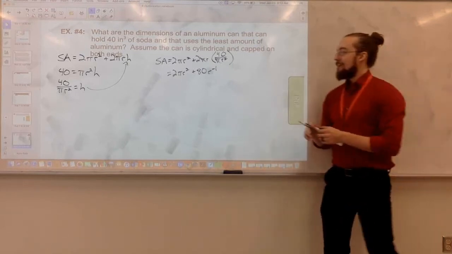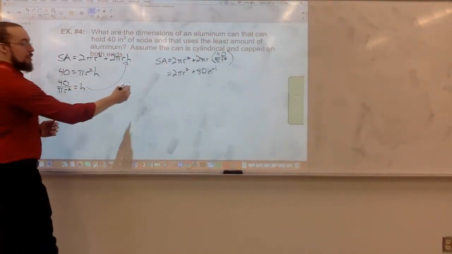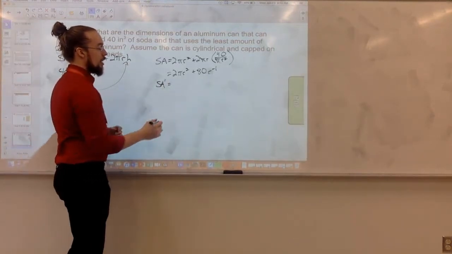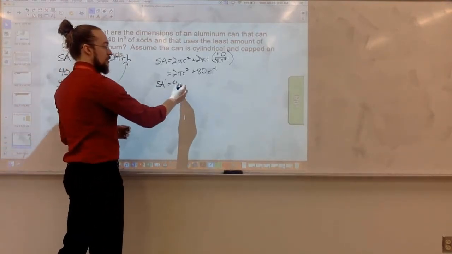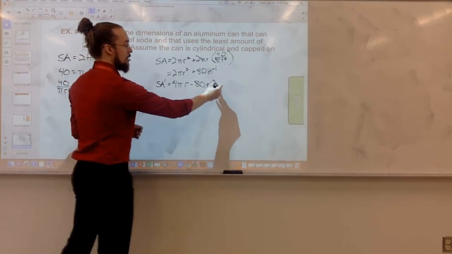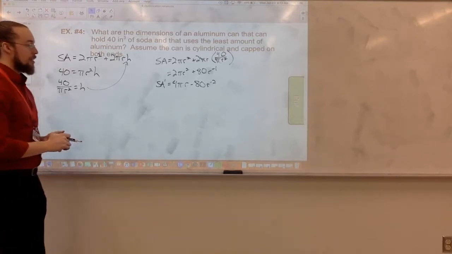Okay? So now I can take the derivative. So I can say that my SA prime is 4 pi r minus 80 r to the negative second. Yeah, I brought the negative 1 down.